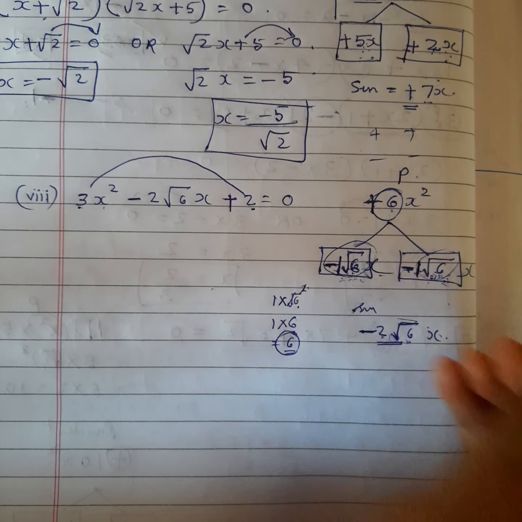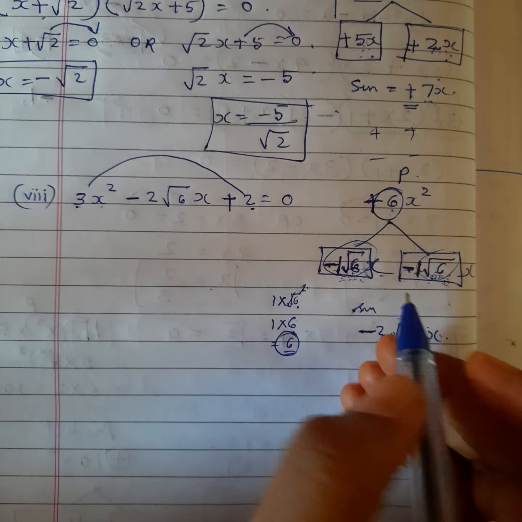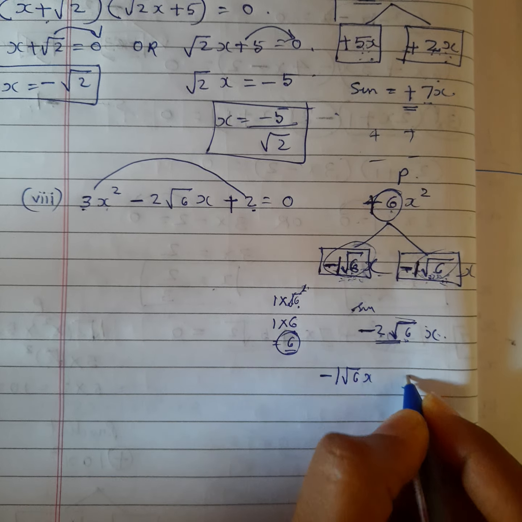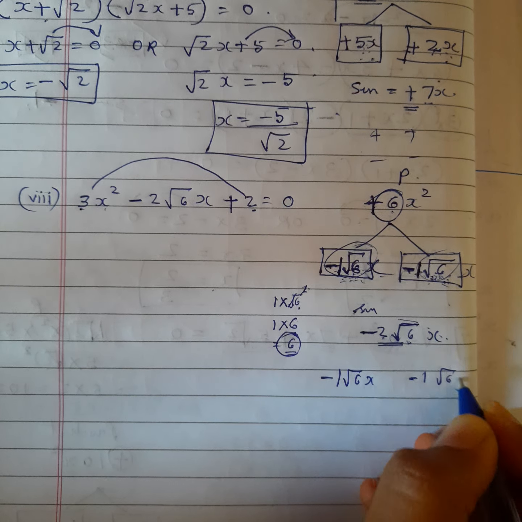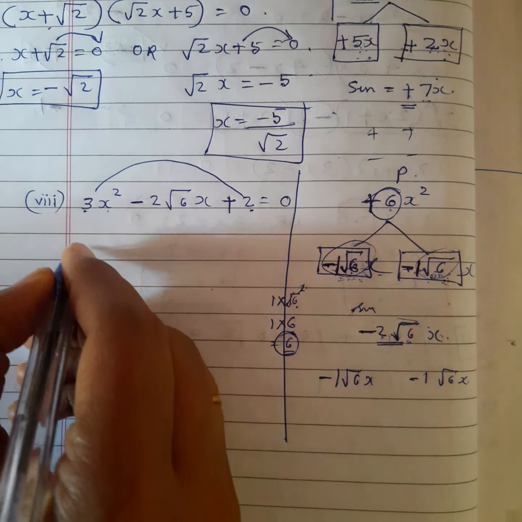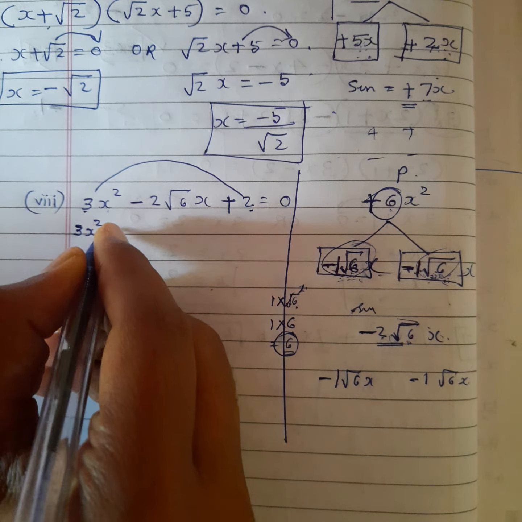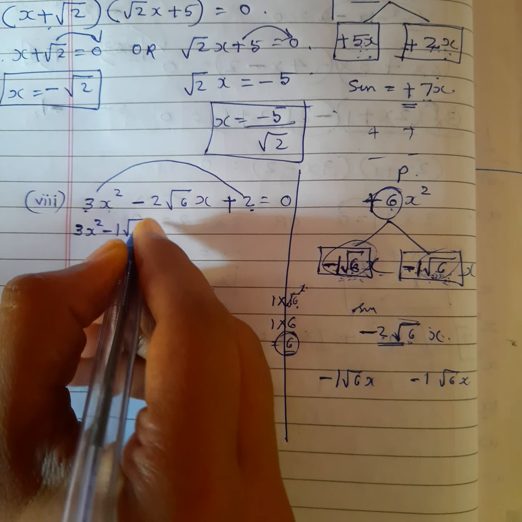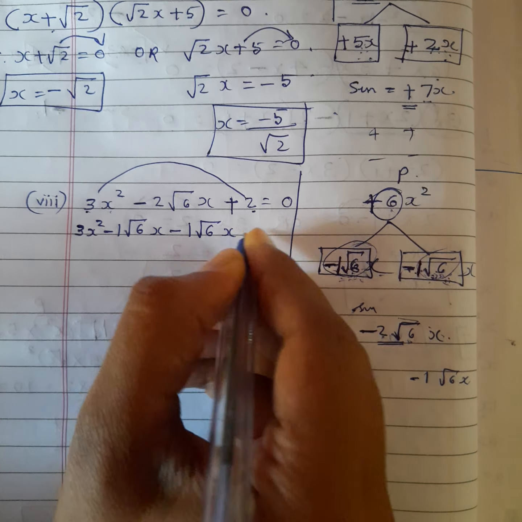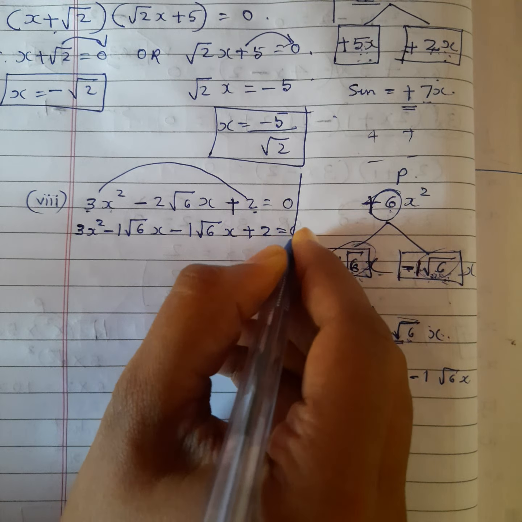So the two numbers are −1√6x and −1√6x. This is rough work: 3x² − 1√6x − 1√6x + 2 = 0.